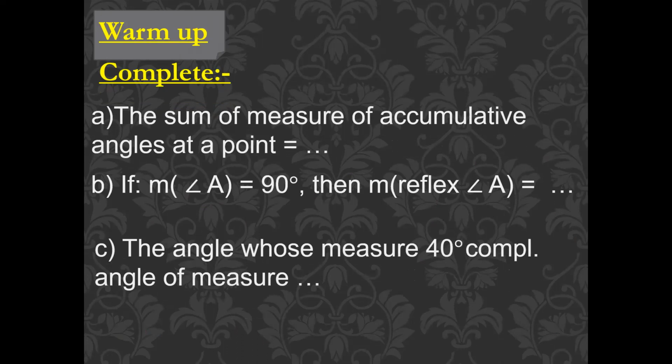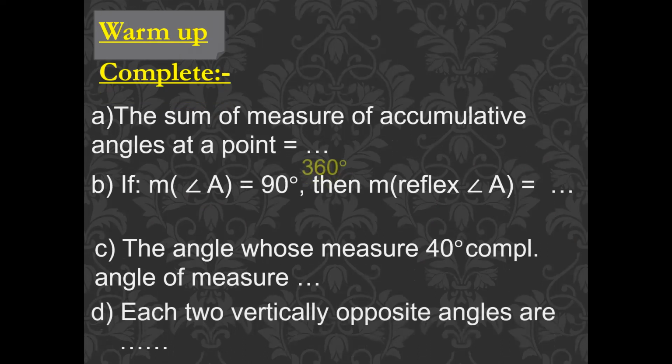The sum of the measures of the accumulated angles at a point equals what? 360 degrees. Question 2: if the measure of angle A equals 90 degrees, then the reflex angle of A equals what? We have different types of angles, like acute angle, obtuse angle, right angle, straight angle, and reflex angle, and each type has a different measure.